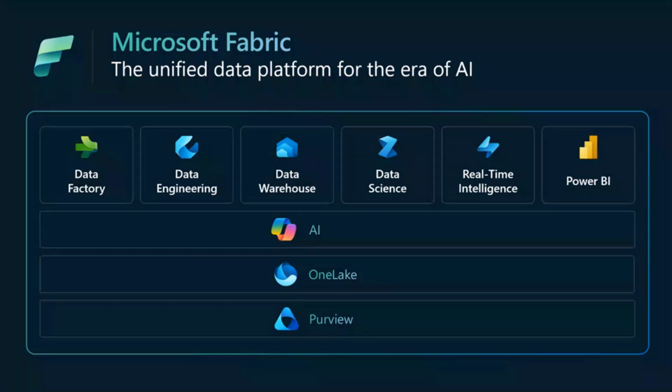Fabric can also handle real-time data, so data that comes in at maybe high volumes and in an unstructured or semi-structured way. The Real-Time Intelligence workload is made for that. And then, of course, we have Power BI, which I'm guessing all of you are very familiar with, but that is, of course, Microsoft's visualization and analytics tool.